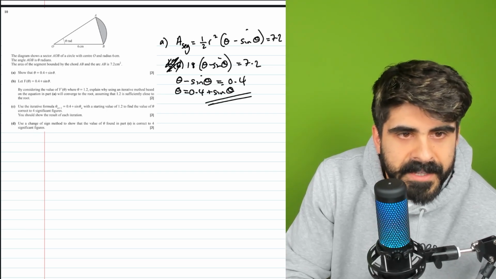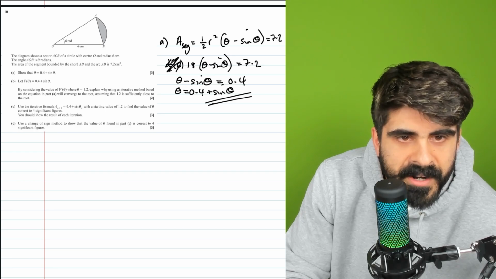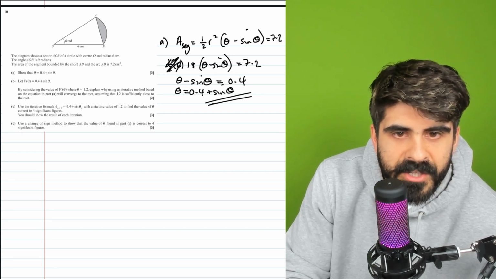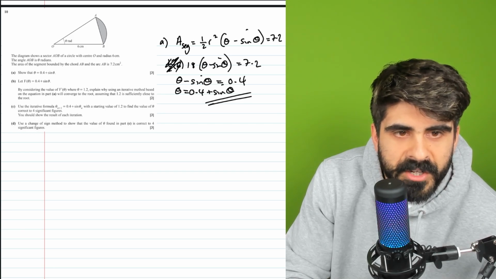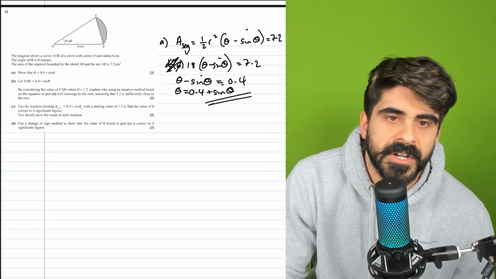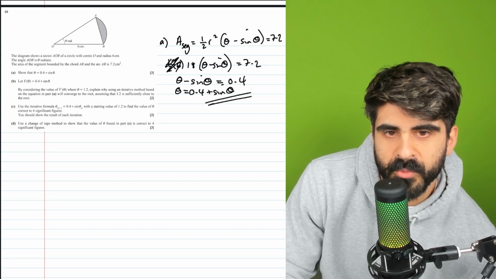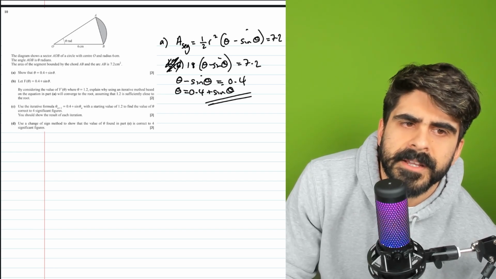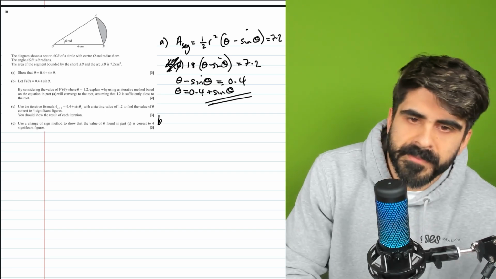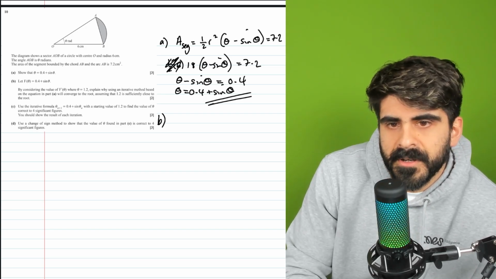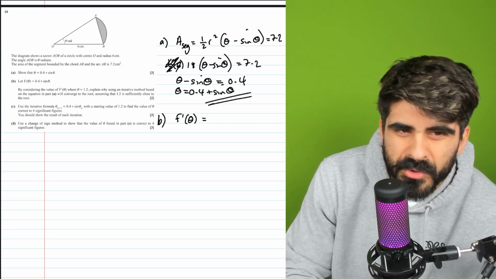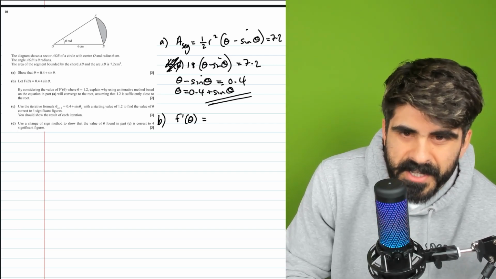Let f theta equal 0.4. By considering the value of f dash, where theta is 1.2, explain why using an iterative method based on the equation in part A will converge to the root, assuming 1.2 is sufficiently close to the root. By considering the differential, interesting. So f dash, well, the 0.4 just goes, right? So you just get cos.